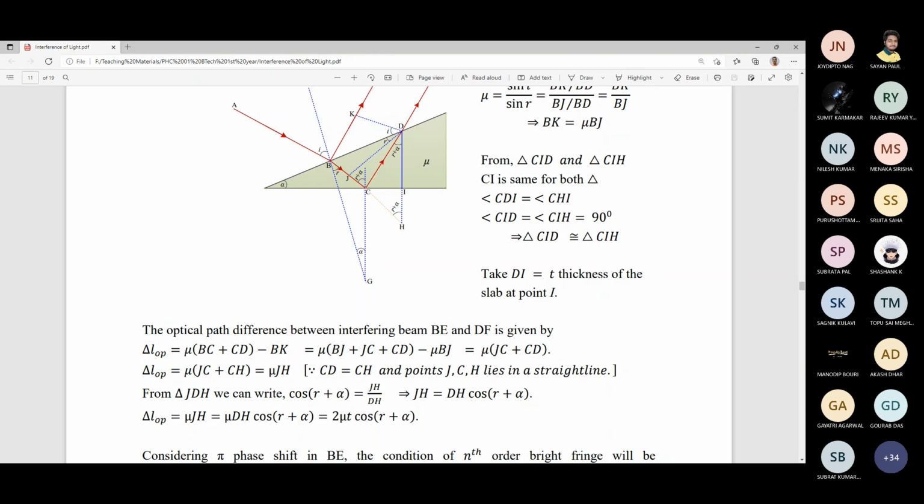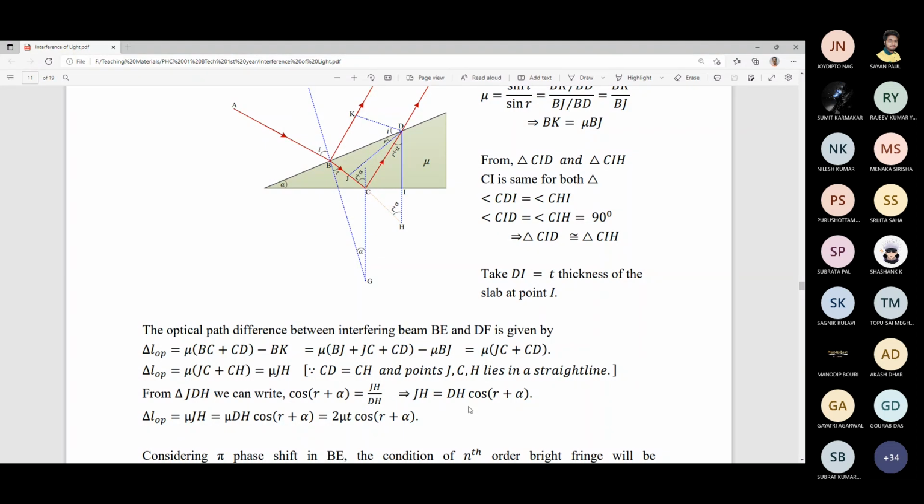Now we consider the thickness of the slab at this point I to be t. If the thickness DI equals t, then we can write twice mu t cos(R plus alpha). So the path difference between these two interfering beams is twice mu t cos(R plus alpha).